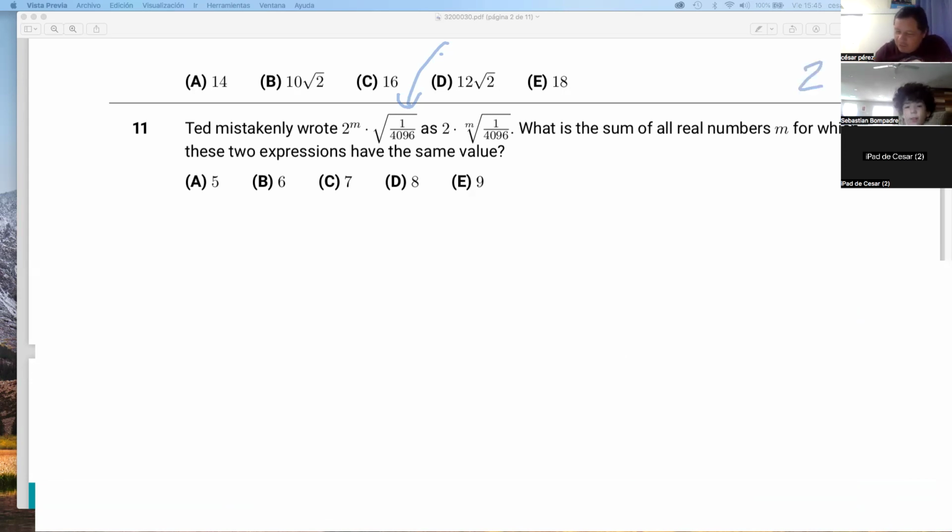Okay, yes, 2 to the 12. So I mistakenly wrote 2^m, the square root of 1 divided by 2^12. And we need this expression to have the same value as 2.